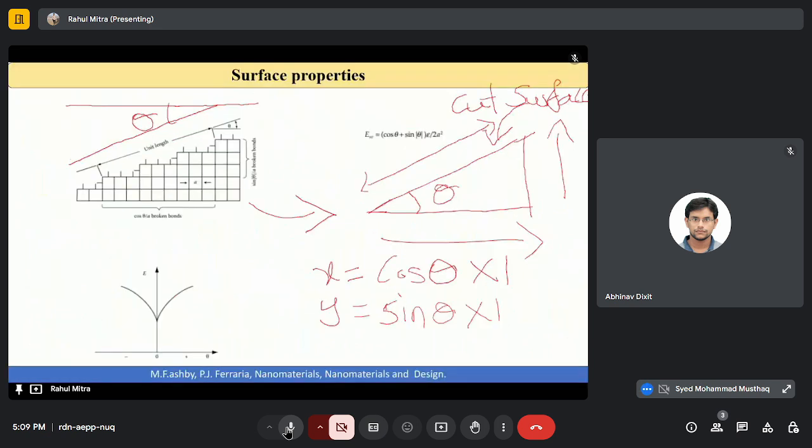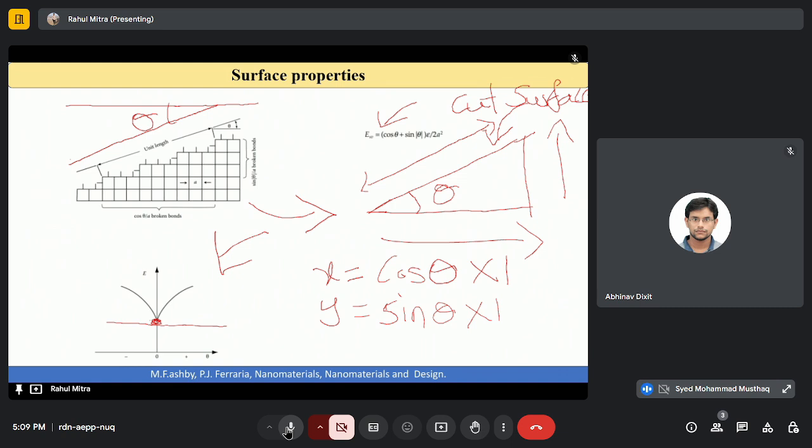So far we know how this derivation has arisen, and sorry, I didn't mention this term: we call it a cusp. It is where the surface energy with respect to theta becomes minimum.